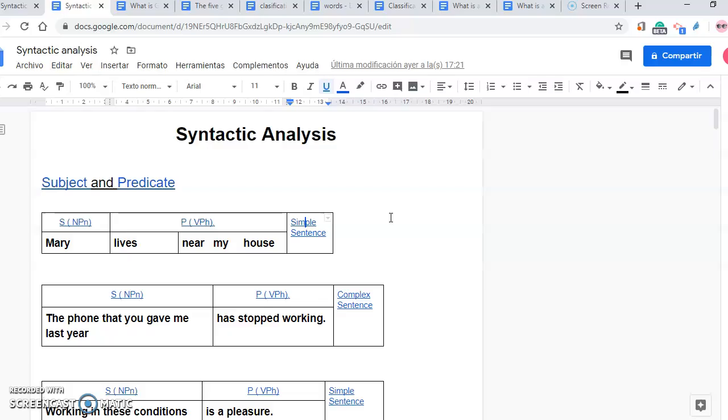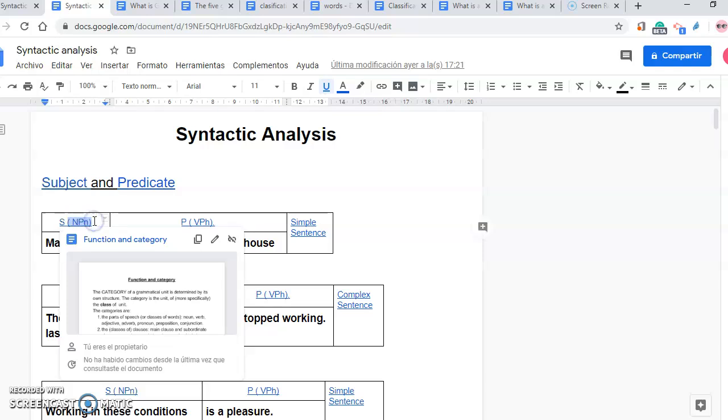That's why it's called predicate, because it is what we predicate about the subject. But look at what we are going to show in the analysis. We are going to show whether it is the subject, for example, here, and we are going to show the morphological structure. In this case, it is a noun phrase.